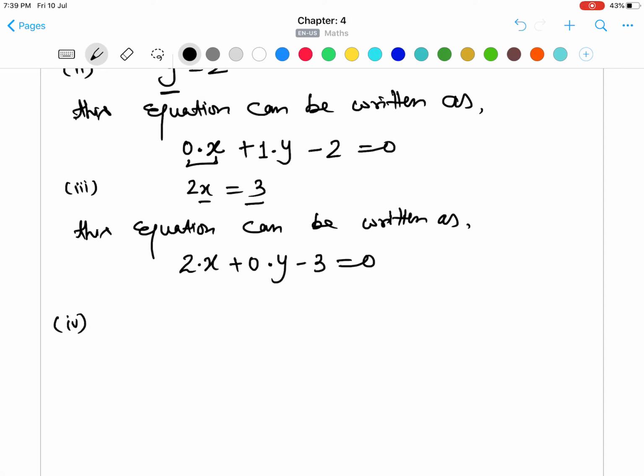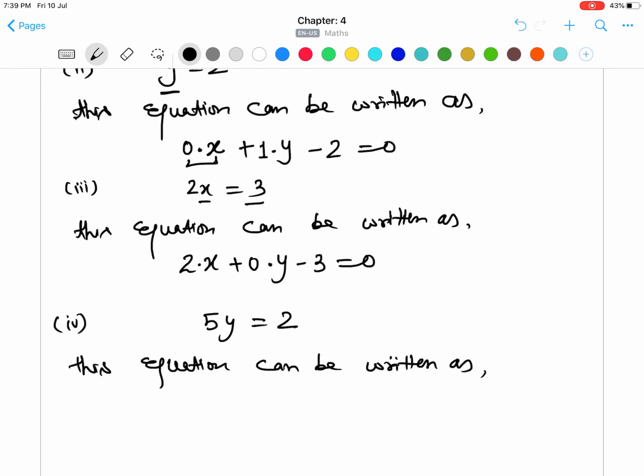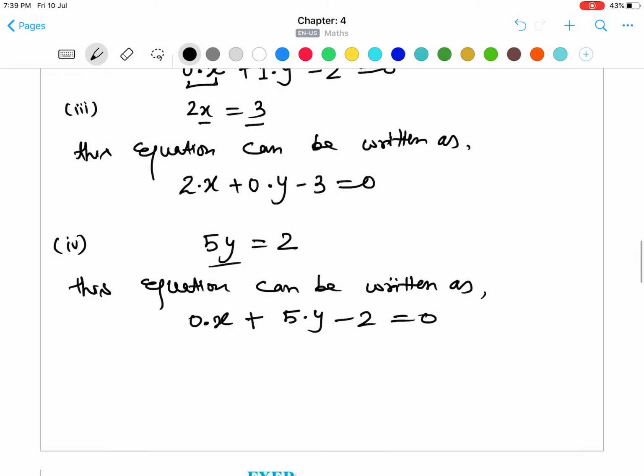the last one we have 5y equals to 2. So this equation can be written as, again since there is no x, we'll assume the second variable to be x with coefficient 0, then we have plus 5 into y, and this plus 2 will become minus 2 onto the left hand side equals to 0.